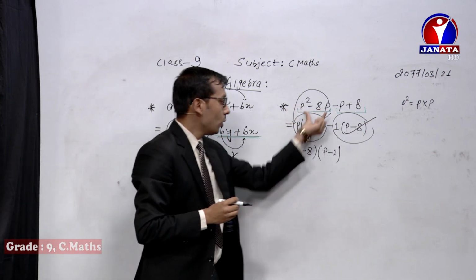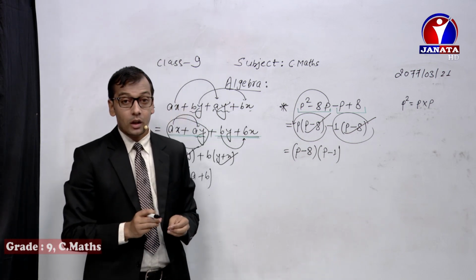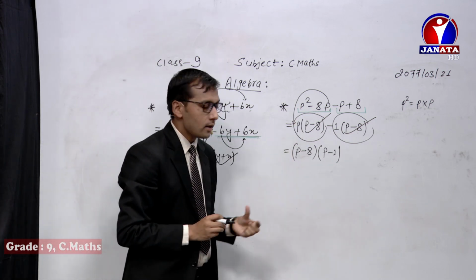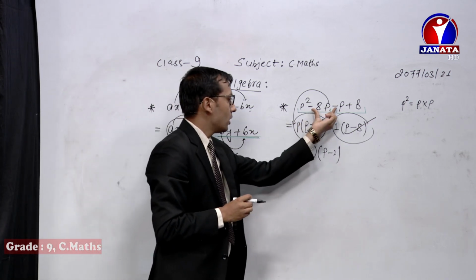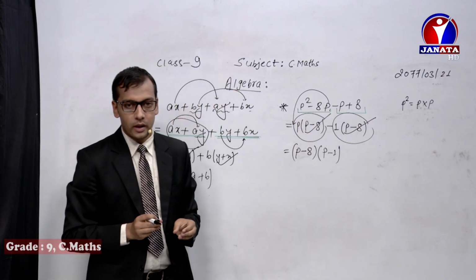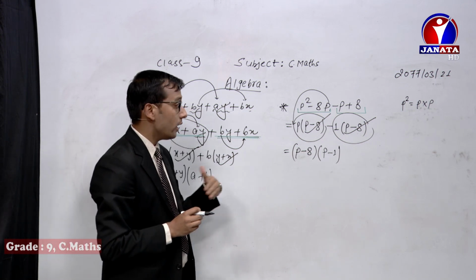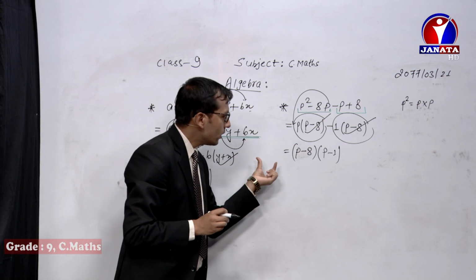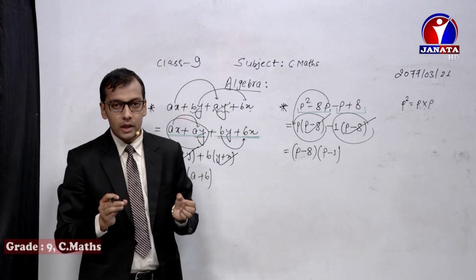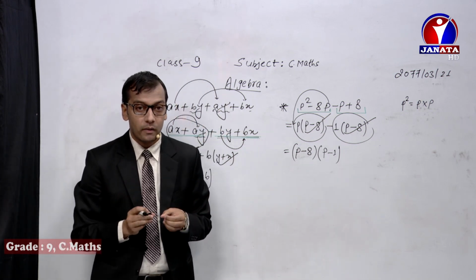Here are 4 terms, but we do not need to rearrange the terms because there is a chance of splitting this entire expression into its 2 factors without rearranging them. So in fact there is no exact rule in factorization.